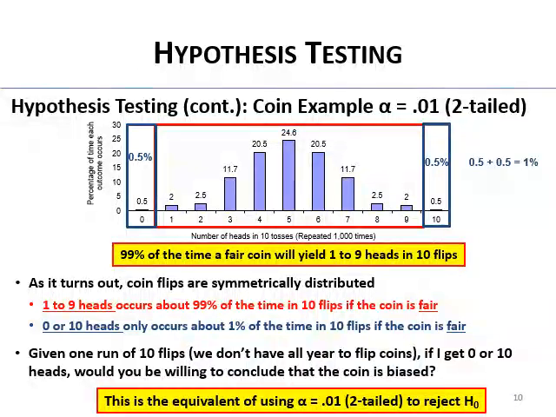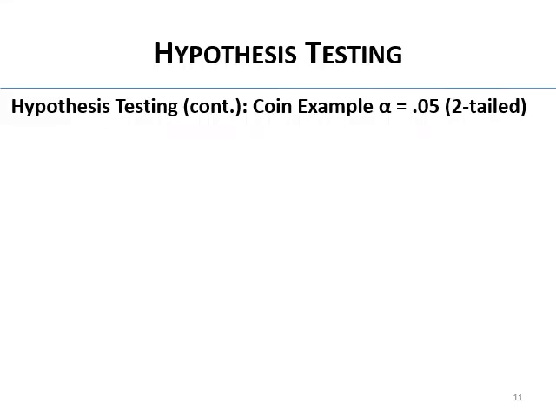So if you're willing to say, yeah, if you get 0 or 10 heads, I am willing to conclude your coin is biased, and I didn't say the direction of bias, you have 0.5 and 0.5 together is 1%. You're using an alpha of 0.01 to reject the null that the coin is not biased. All right, how about an alpha of 0.05?